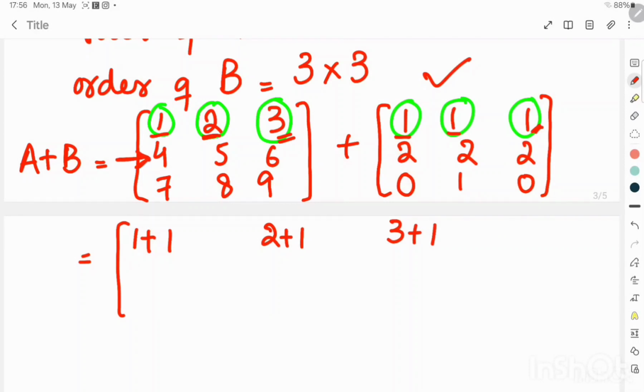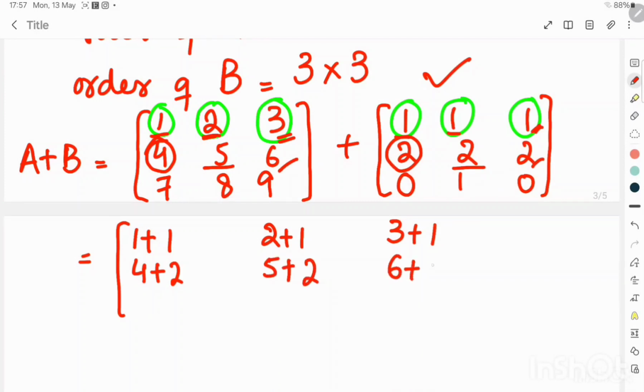Now it is the turn of the second row. Okay, so here I will just take the first element, and here I will take the first element of the second row from the second matrix. So here I will add 4 plus 2. Here I will add 5 plus 2. Here I will add 6 plus 2.